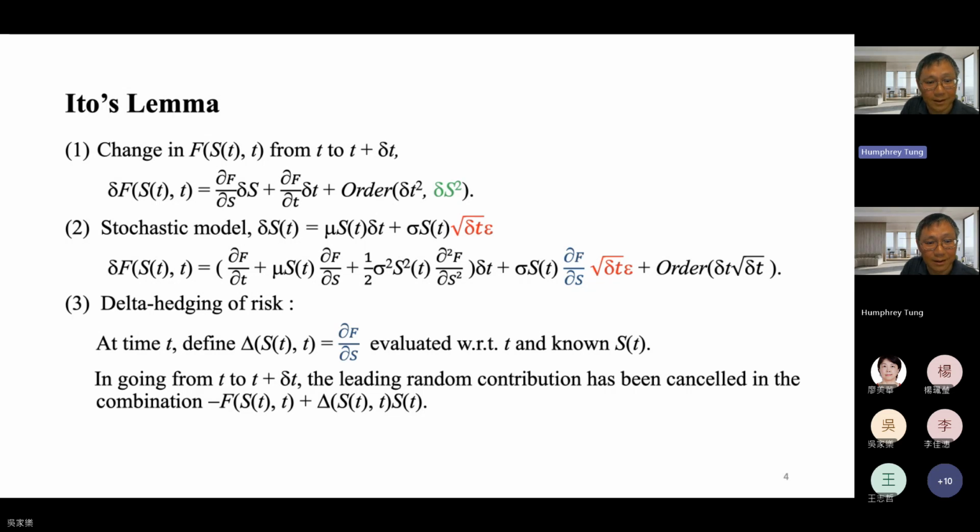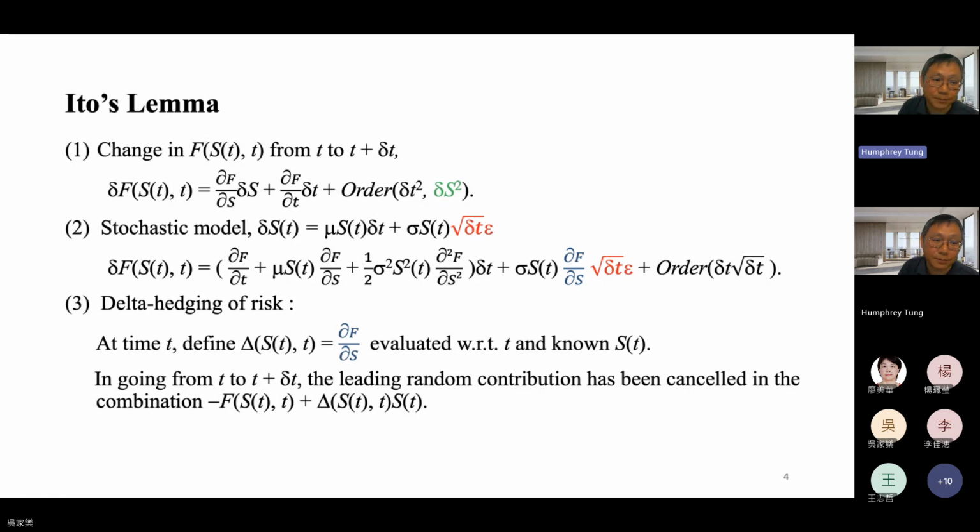So if I sell one option, as the seller, and then I buy delta underlying, then the random change of the underlying asset exactly cancels out the random change of the option price, if I have the delta according to the partial derivative in gray.